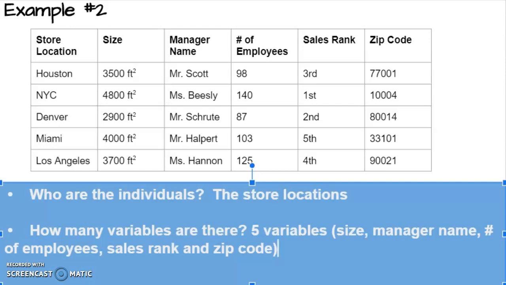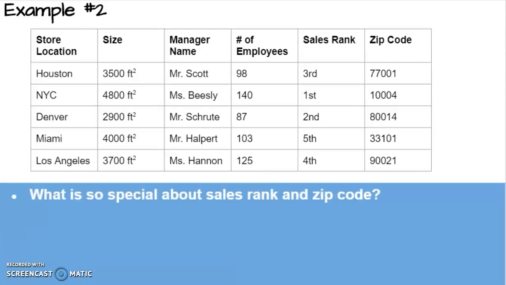And we were talking a little bit in the last slide about things that are numerical or not. What's interesting about this data set is that sales rank and zip code, those are special kind of variables because yes, they are numbers, but if you think about it, you can't really do math with them because things like a sales rank is just a way to order things.